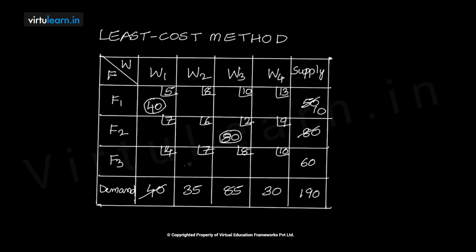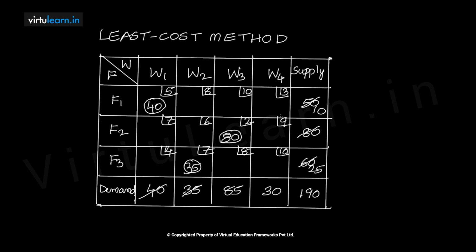So we can make a 35 units allocation. Out of 60, 35 units are gone, and now we have 25 units available. These 35 units are satisfied, so from now onwards we cannot make allocation to the W2 column.